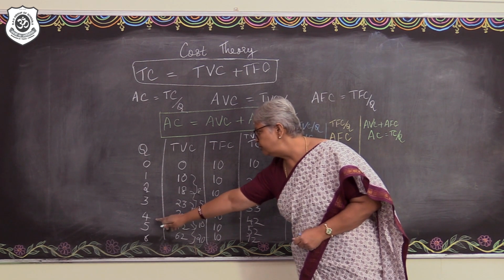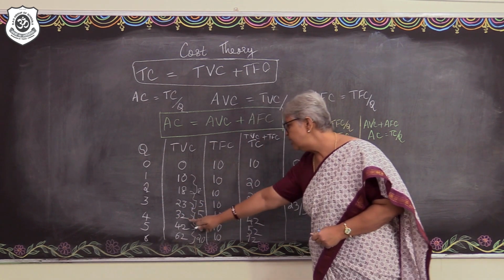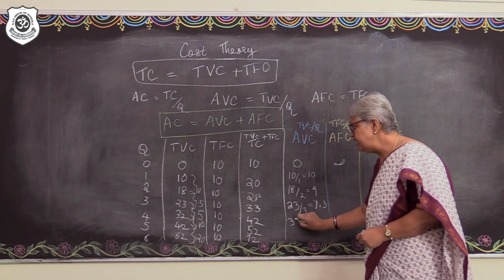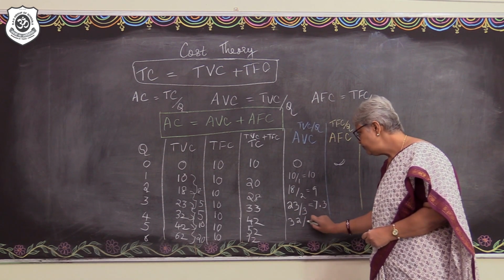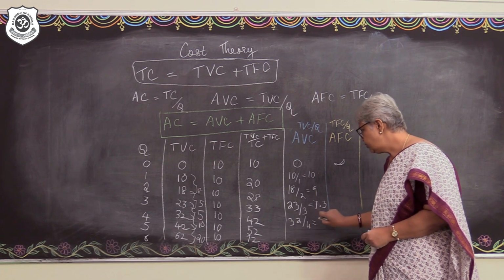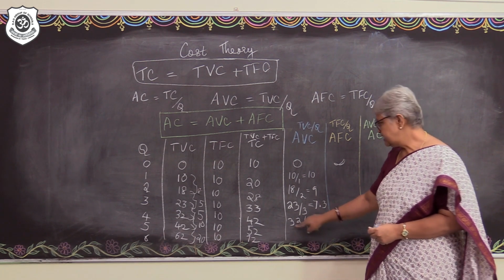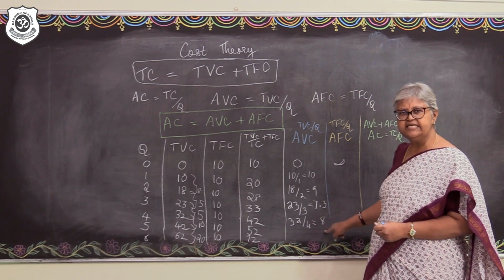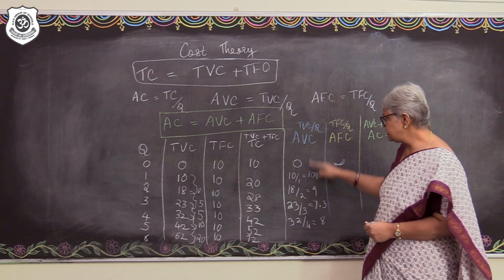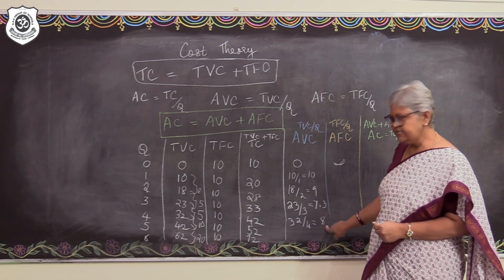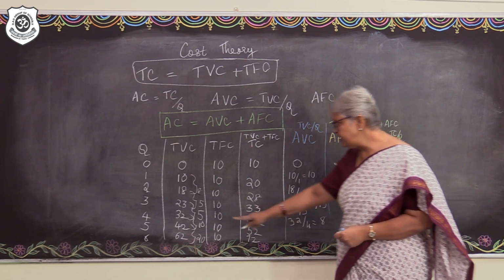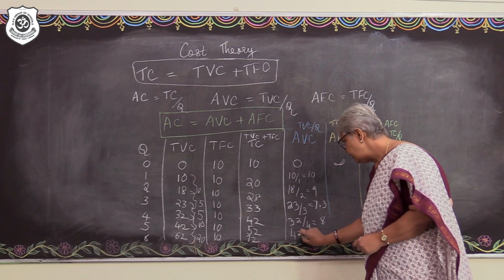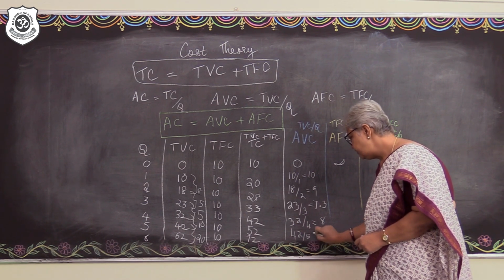Then the output is going to increase to the next level 4, where the TVC is 32. So this is going to be 32 divided by 4, right? So that is going to be, yes, 32 divided by 4, that is going to be 8. So you see that there is an increase in the average variable cost. It has fallen and then it increases. Let's check out the next level. That is going to be 42 by 5, right?